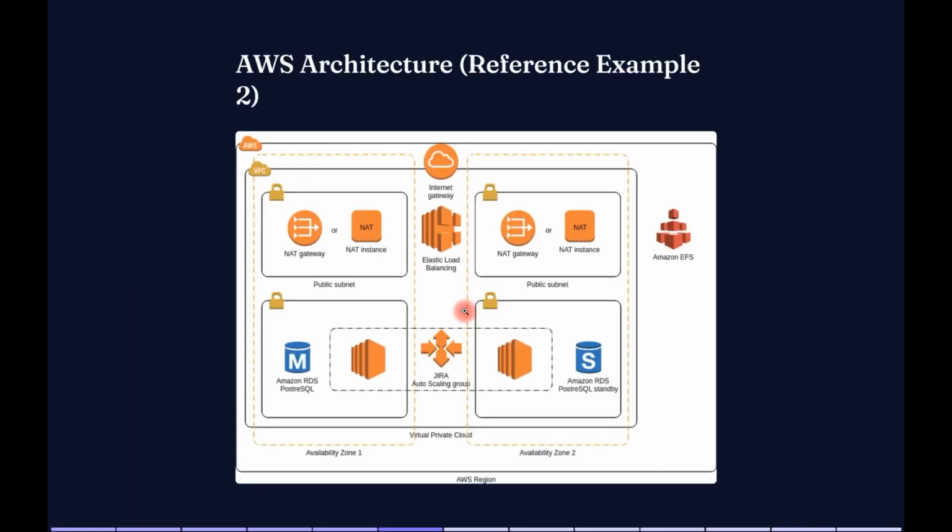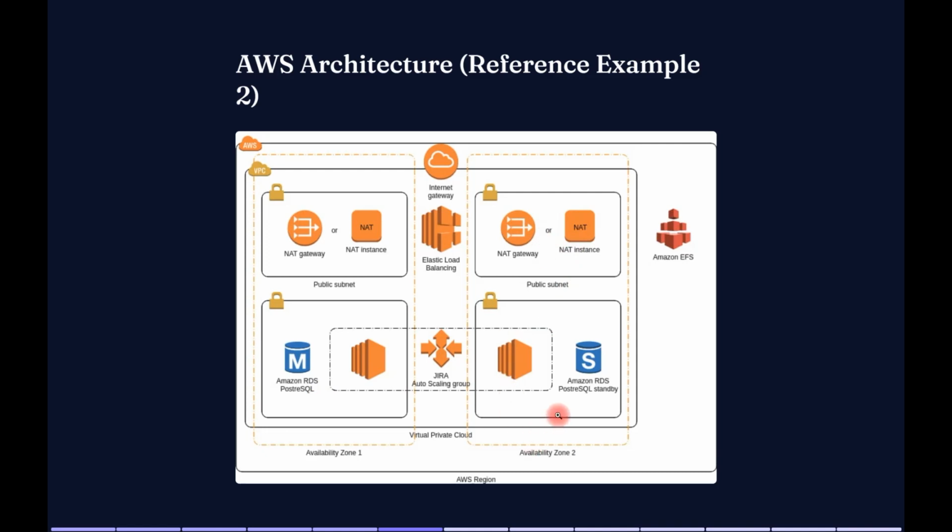Let's talk about another reference architecture. Here you can see that within a region we are using two availability zones. In one availability zone you have a NAT gateway, NAT instance, and other components, including an Amazon RDS host.